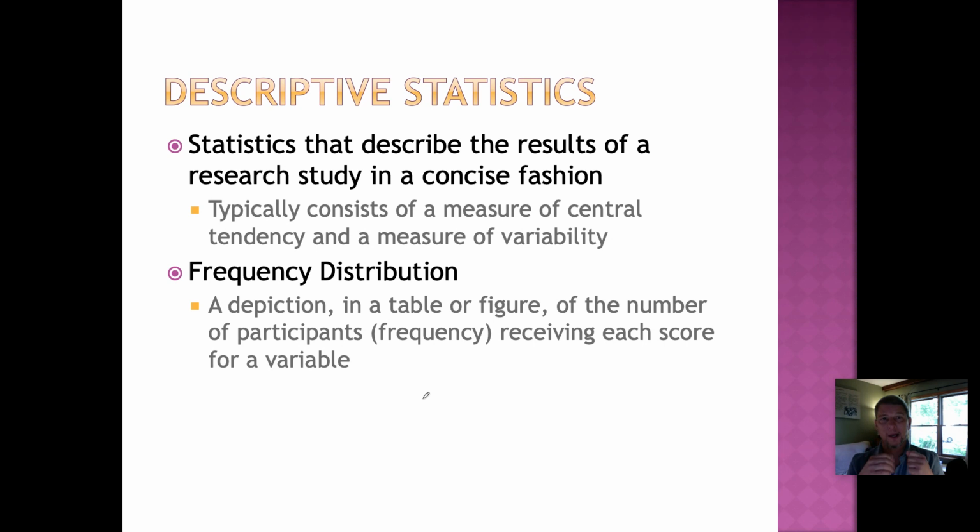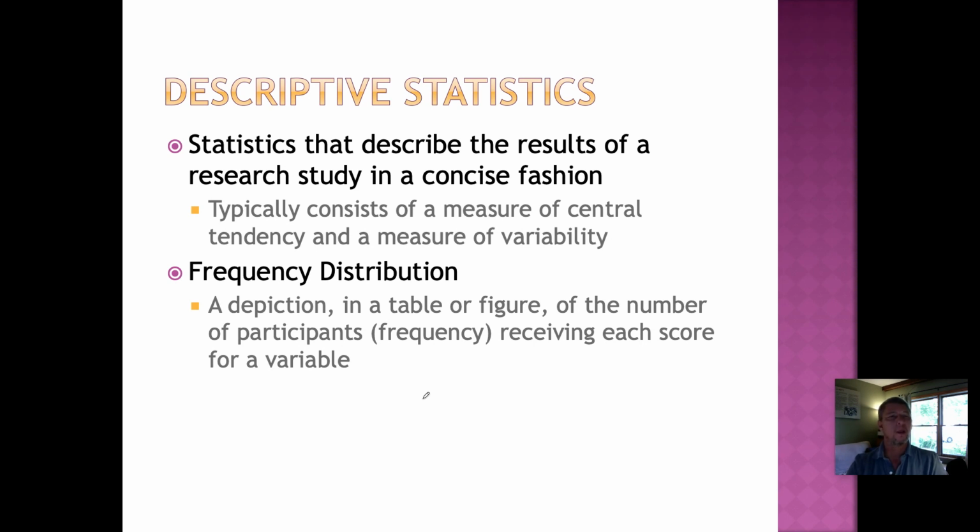They don't help you to draw conclusions or anything else. They just describe the set of data. The other type of statistic, by the way, is an inferential statistic, which allows us to draw conclusions.